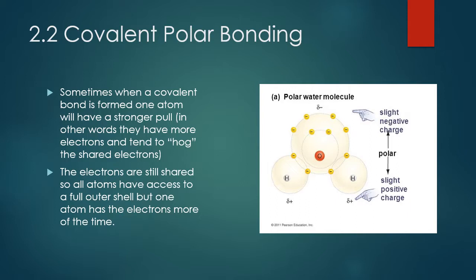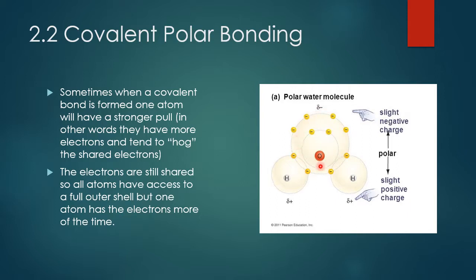So we just looked at hydrogen and oxygen sharing electrons in their outer shell to form what we call a covalent bond, where they share those outer electrons. So each atom has access, the hydrogen and the oxygen, as we mentioned, to a full outer ring of electrons. Now, what happens in reality in this particular case with water is oxygen has a lot more electrons here.